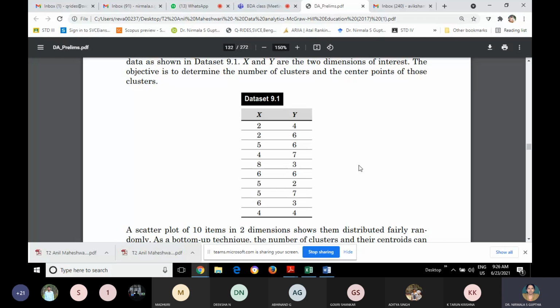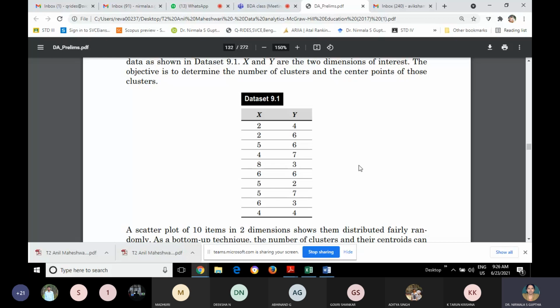Second row is 2, 6. 2, 6 is a difference of 4. Then the fifth row, 8, 3. The biggest difference is 5. I'm trying to get the two pairs.